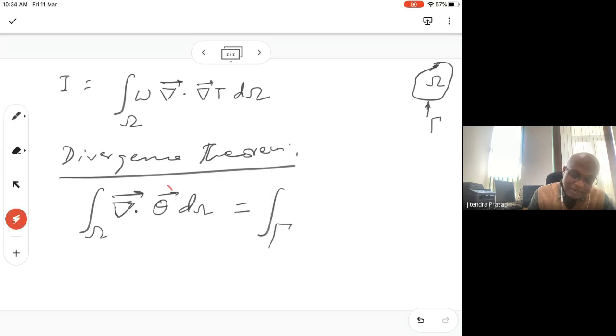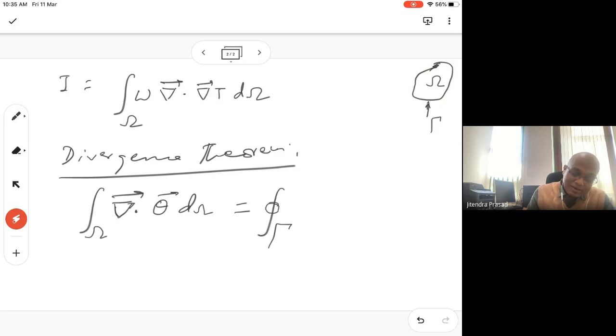This is the integral over the whole domain, but this can be converted into integration over the boundary only. This boundary is gamma. Also this is a closed integration, a loop integration. That means you have to start and finish it like this.